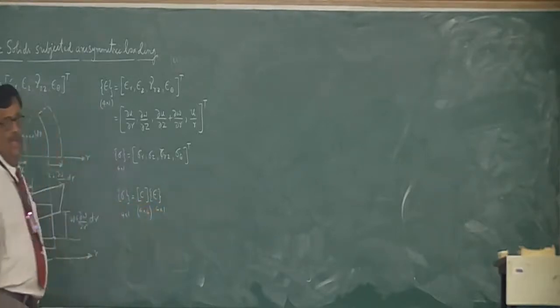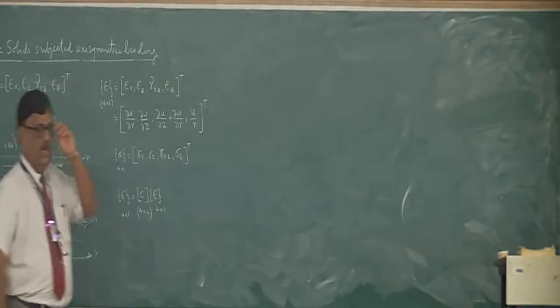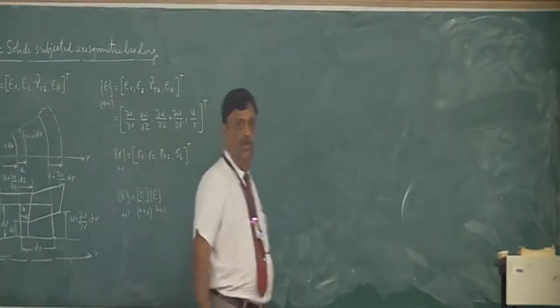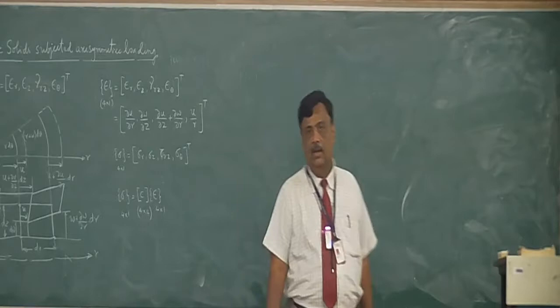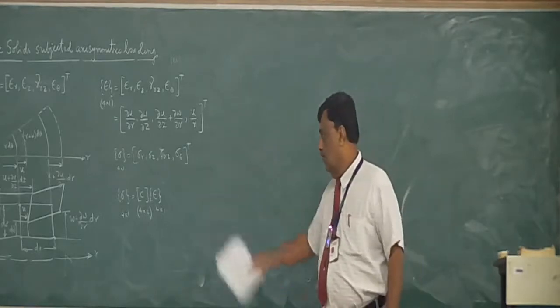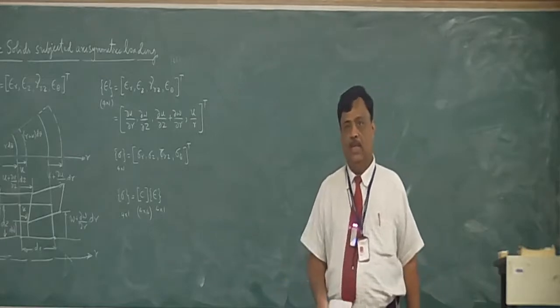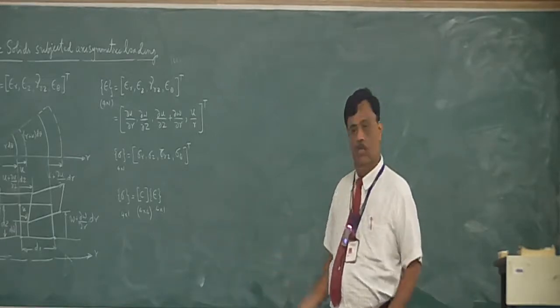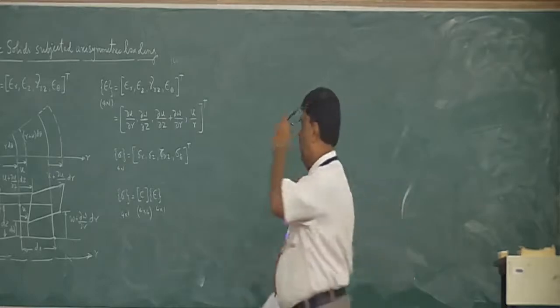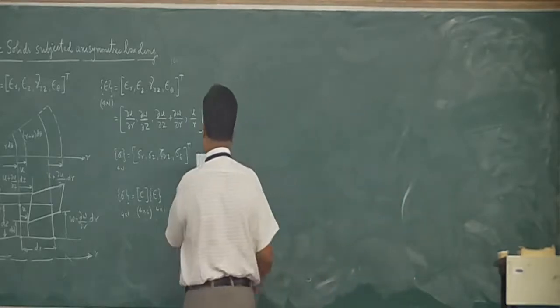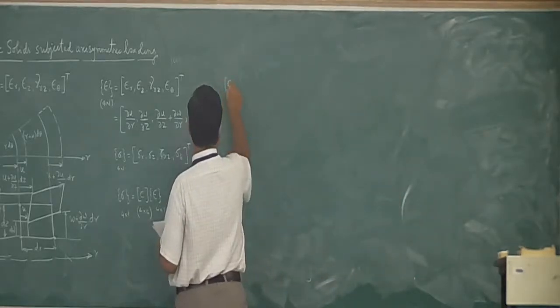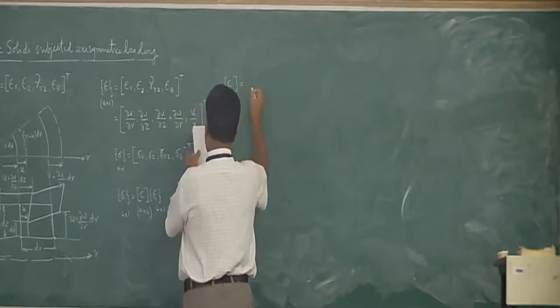In the earlier case for CST elements, when we were talking about the material matrix, C was 3 by 3 for plane stress as well as for plane strain. But now we have to find it for axisymmetric solids. So directly I will give you the value. C for axisymmetric solid, sometimes they will ask you in the examination.